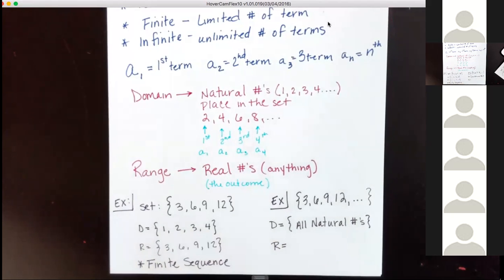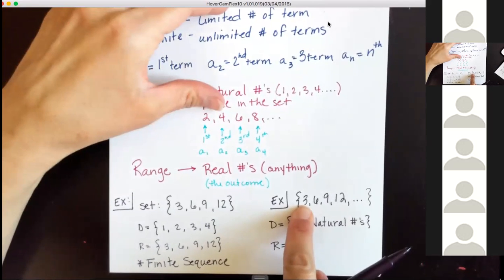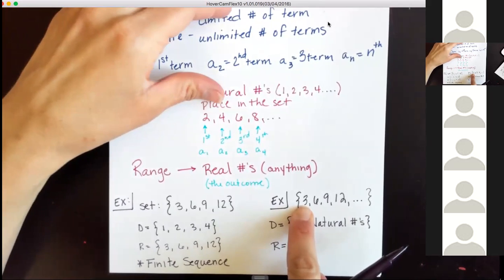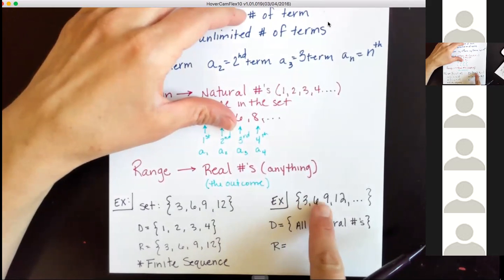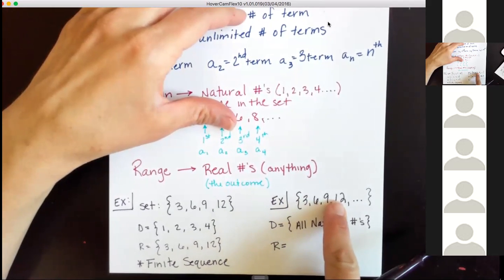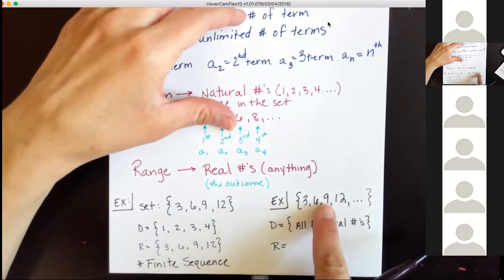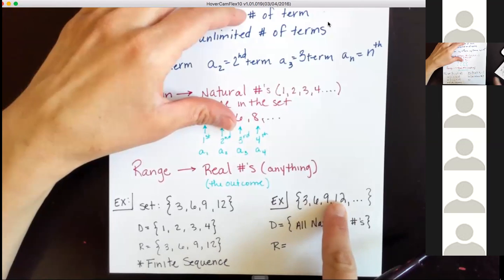Now, our range, again, if you look where this starts here, we don't have any numbers lower than 3. So all of our y values are going to have to be greater than or equal to 3, but then I have to also account for what the pattern is. Well, I'm hoping that we can see that these are all multiples of 3. This was 1 times 3, 2 times 3, 3 times 3, 4 times 3.